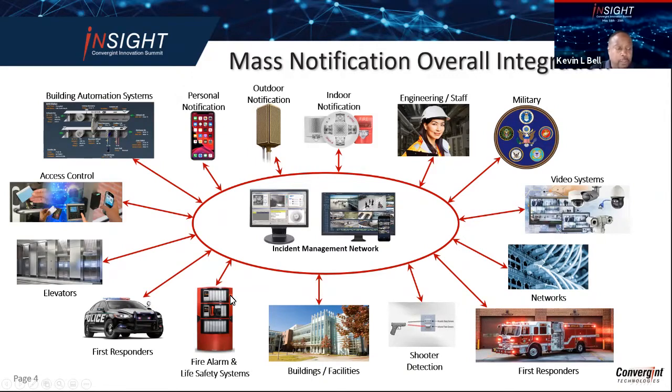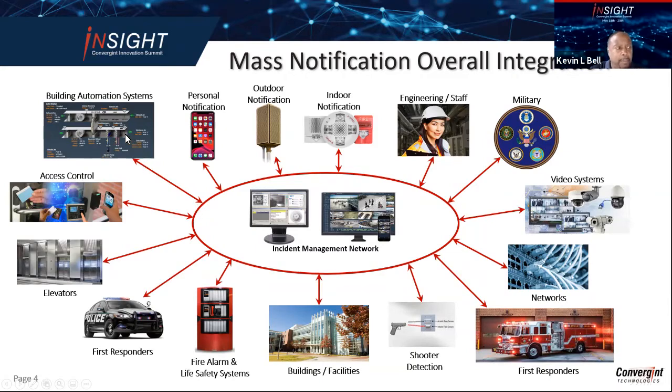These are first responders, and you're looking at this overall chart, and you're wondering, what do building automation systems have to do with mass notification? What do elevators have to do with mass notification? What does access control have to do with mass notification? Well, here at Convergent, what we do is we integrate all these systems, but we also think outside the box. We try to cover every type of hazard there may be.